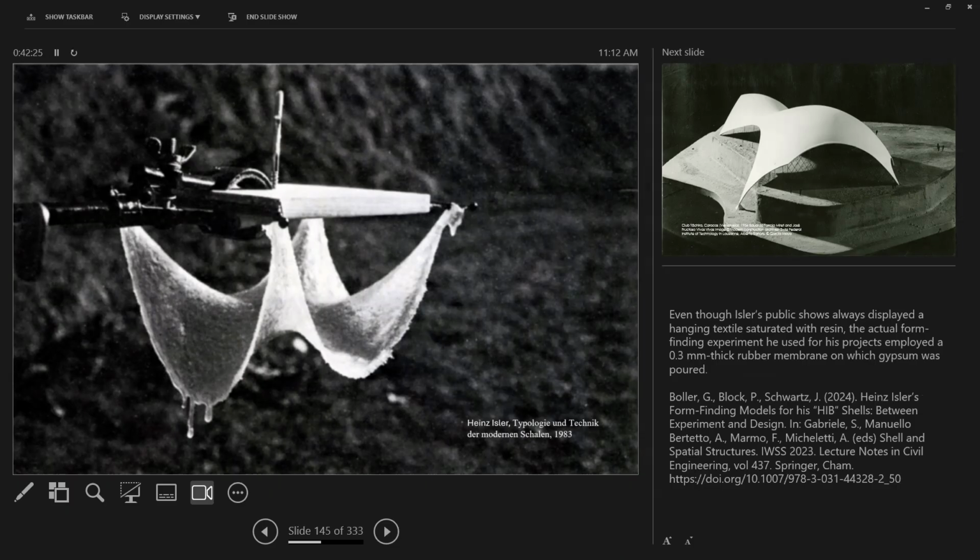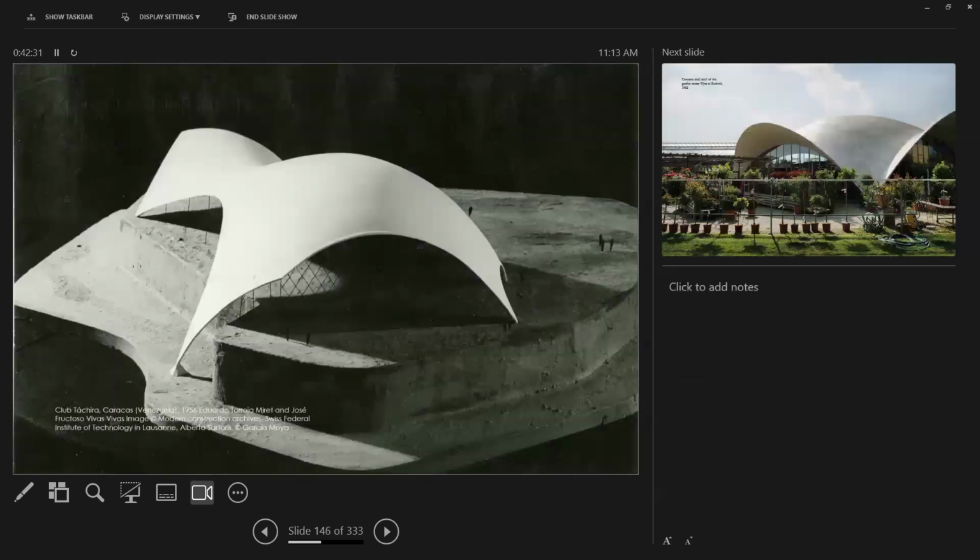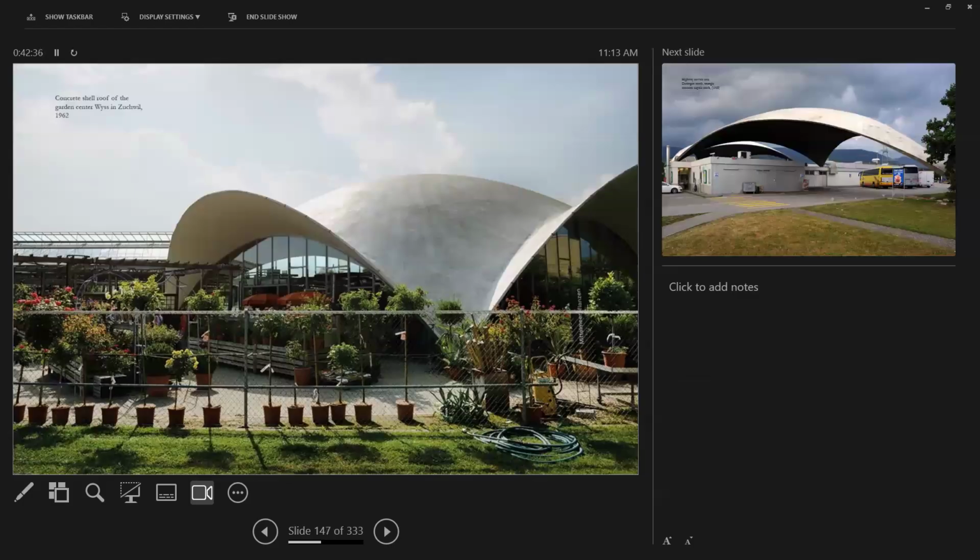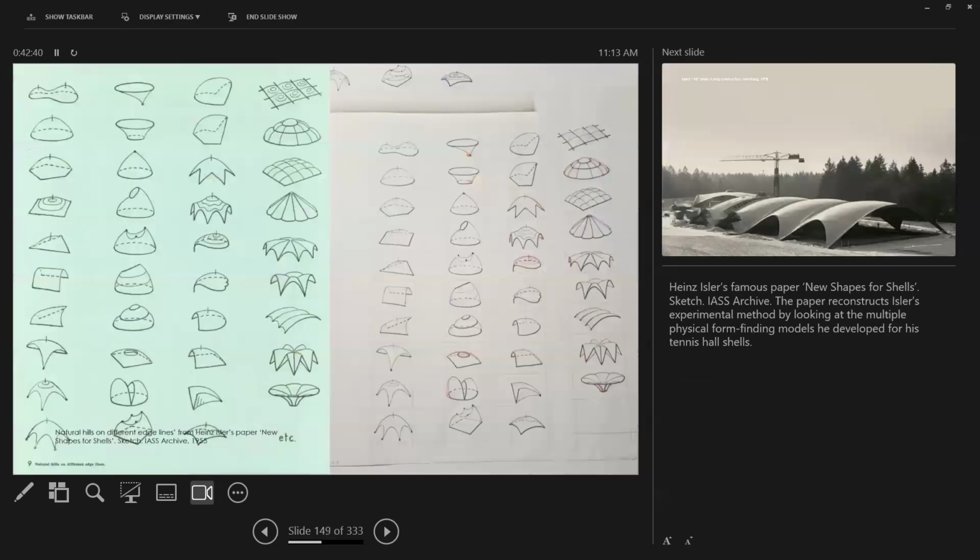So they're textiles saturated with resin that are then dried, and he had these frameworks so they could make them very quickly.